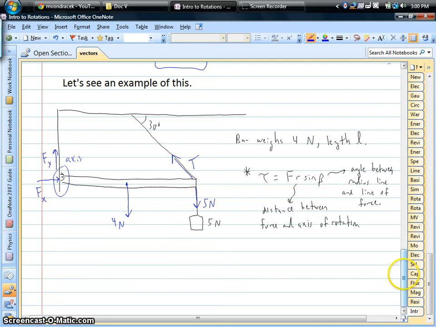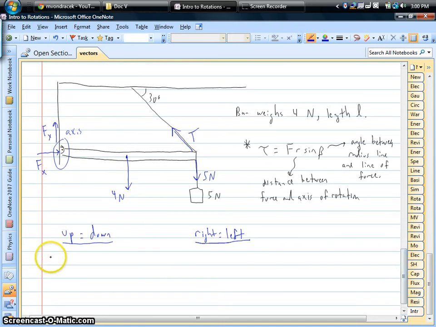So let's set up what we're used to doing. Let's balance the forces first. We'll have an up-down equation, and we're going to have a right equals left equation. Okay, now looking at our forces here, the only things that we see pointing upwards, there's over at the wall, whatever that Fy thing is.